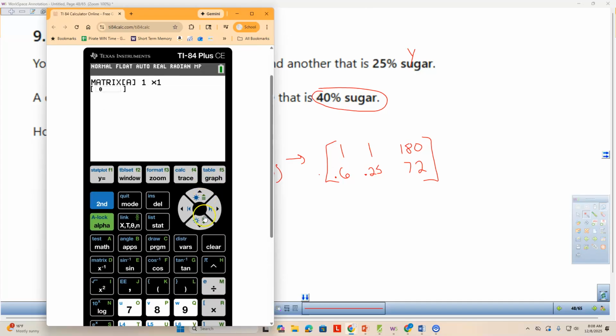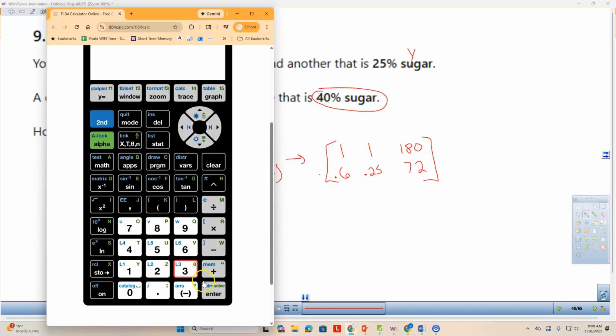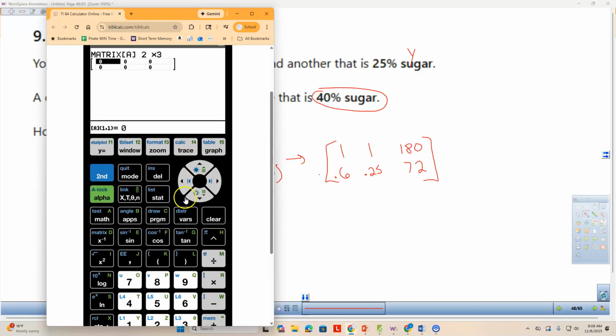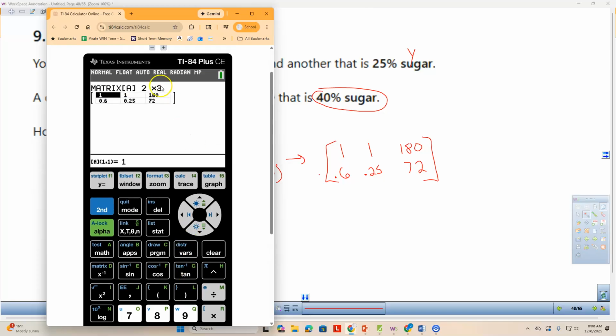How big is this matrix? 2 by 3. All right, and then plug it in. Sorry, I have to stay zoomed in on this beast or y'all can't see it. Hope I hit record. Ta-da!